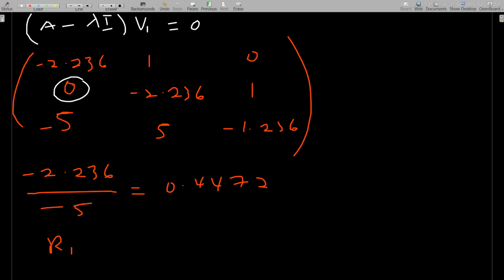With the second row, the entry below it is 0, so we are okay. We want to find a multiplier that can change this 1 to 0, and that is negative 2.236 over negative 5, which we had as the multiplier.